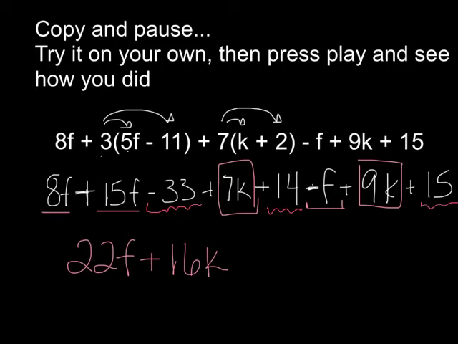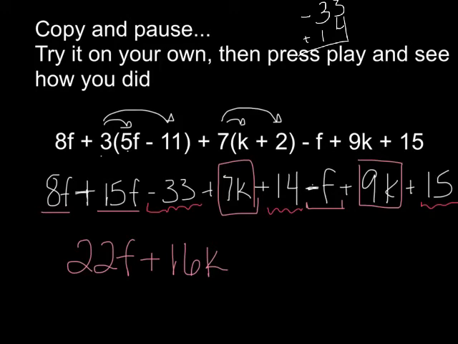So, negative 33 plus 14. Remember, when we add a negative and a positive, we find the difference and keep the sign of the number with the greater value. Let me write a little note over here. Negative 33 plus 14 is going to be the difference between those two. Keep the sign of the one with the greater value.